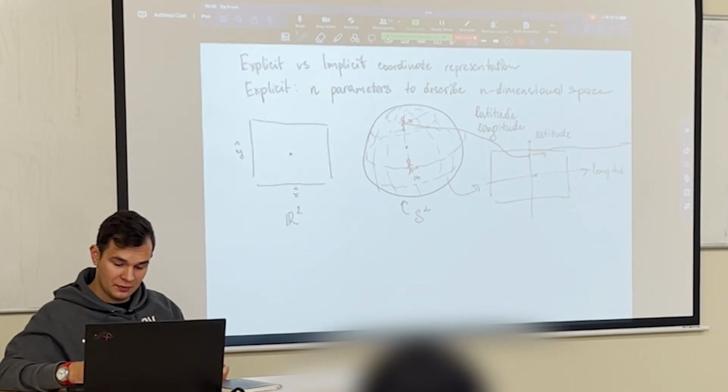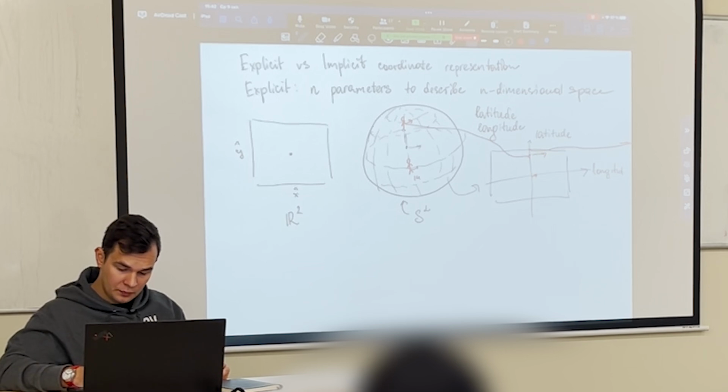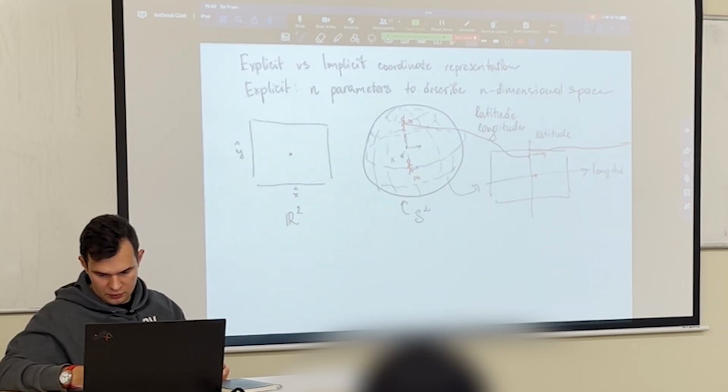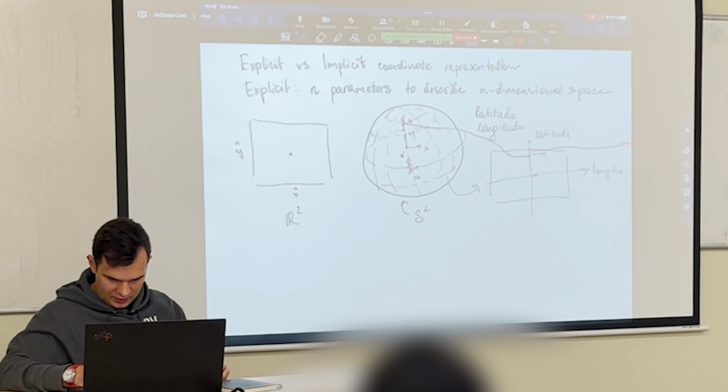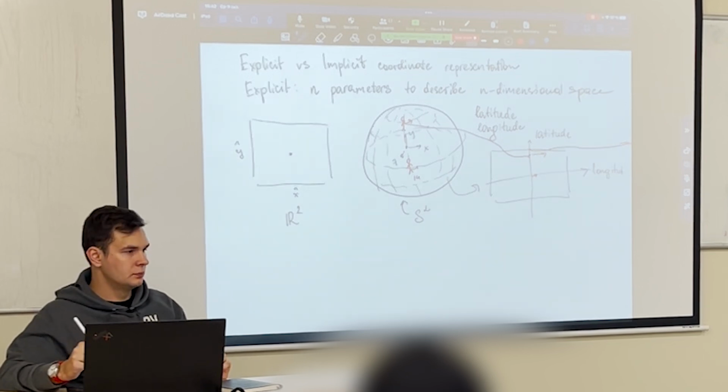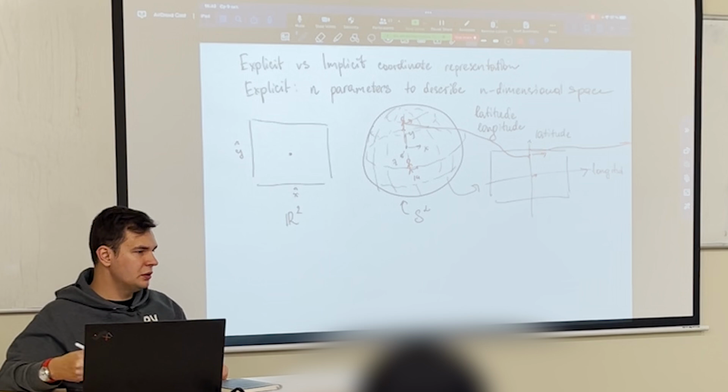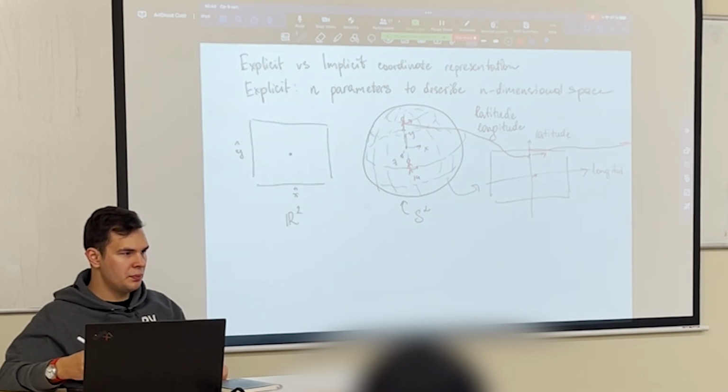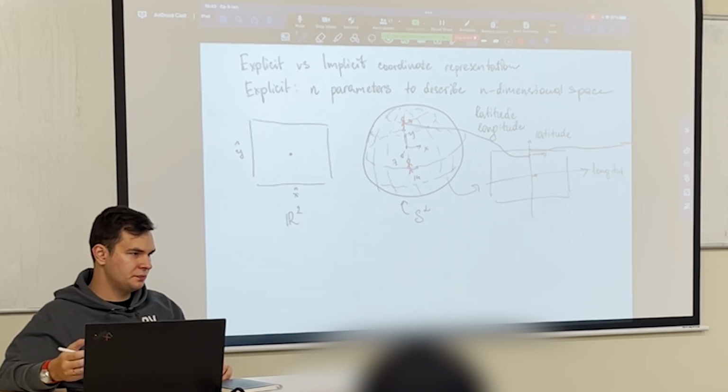X, Y, and Z. And you will get rid of this singularity. But what do you actually do? You use 3 numbers to describe a point in a 2D surface, 2D space.